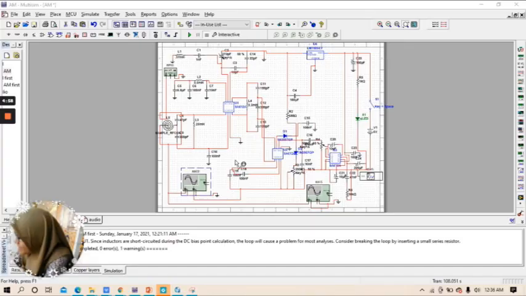Lastly and not least, I will call Wahida again to present the implementation. For implementation, analysis and result for AM, this is the design of the complete AM receiver.